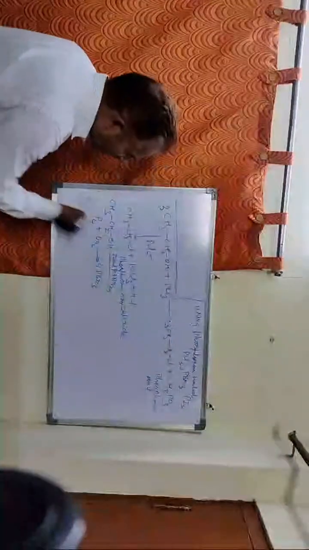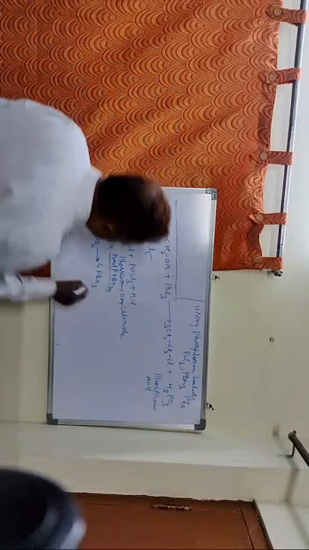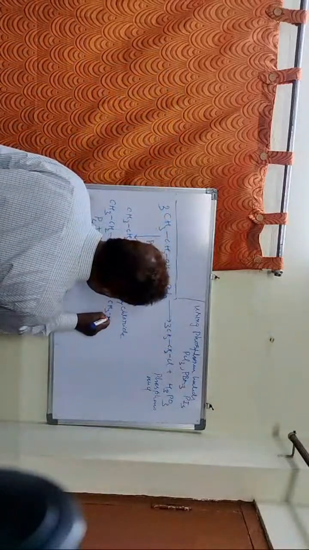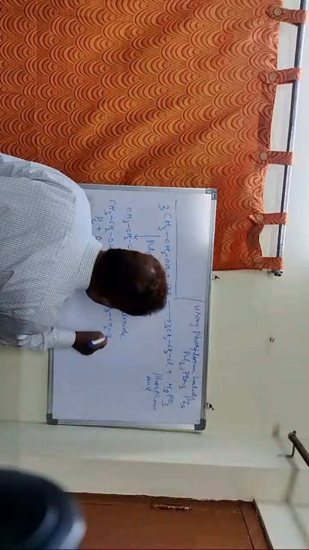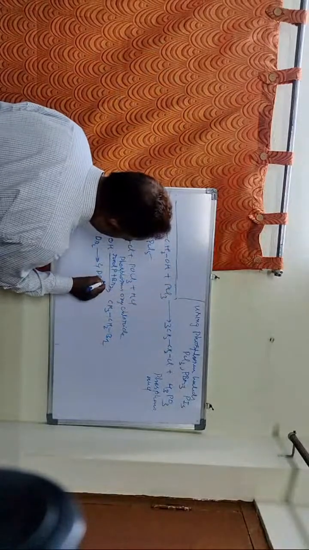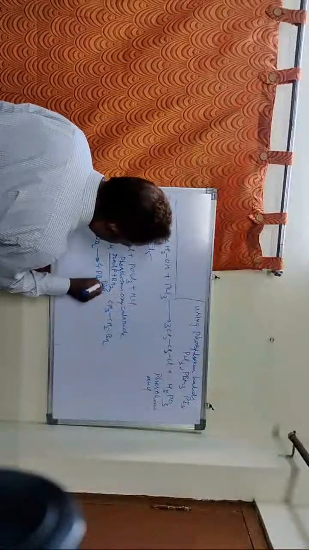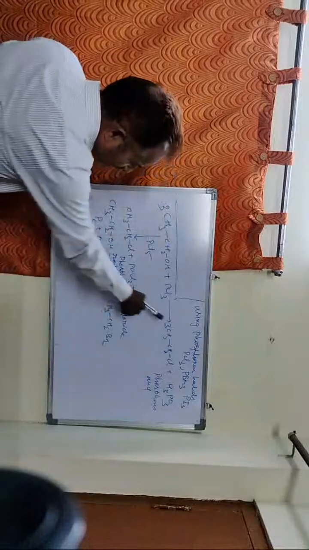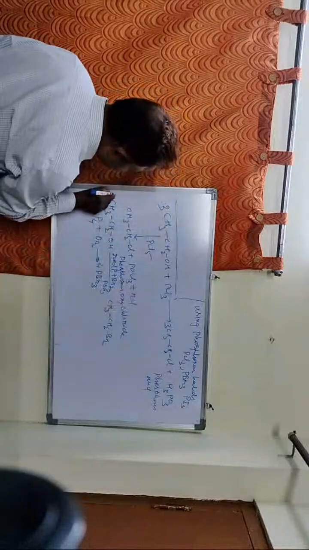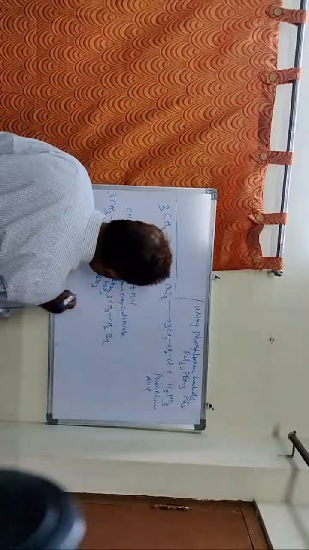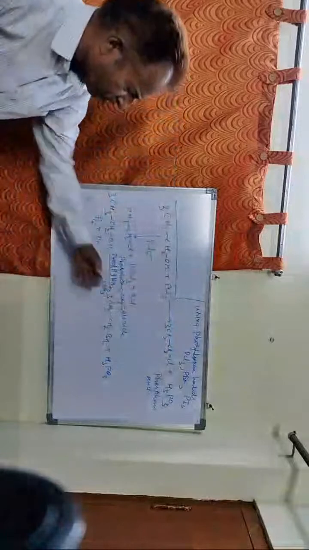So this PBr3 reacts with alcohol. Therefore, we get CH3CH2Br. However, we get the reaction here in the same manner. Therefore, this is 3, this is 3. So what do we get here? H3PO3.